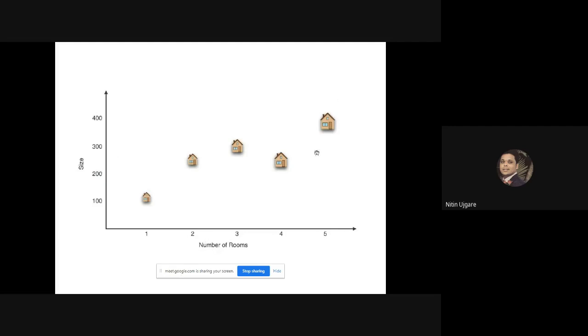Naturally, if the size of the house is big, then the number of rooms will also be larger. If the size of the house is medium, then it will have an average, or some common number of rooms, like 3 BHK and 4 BHK.